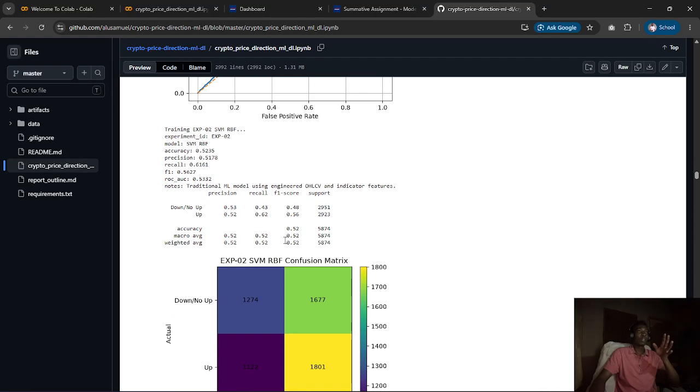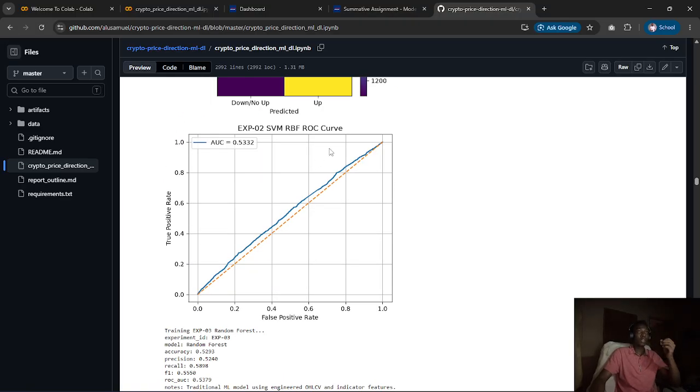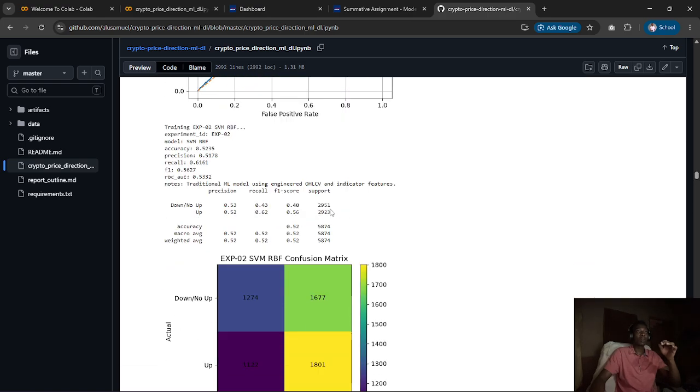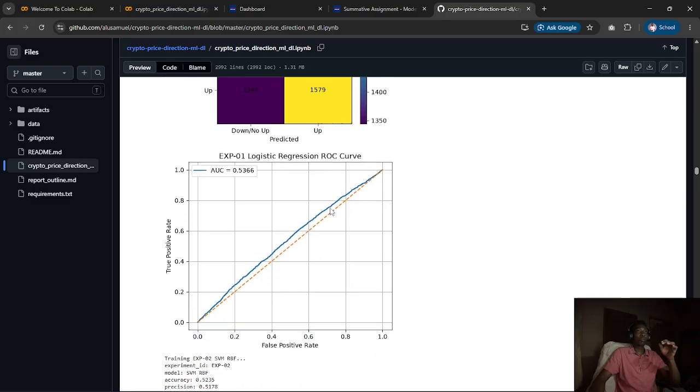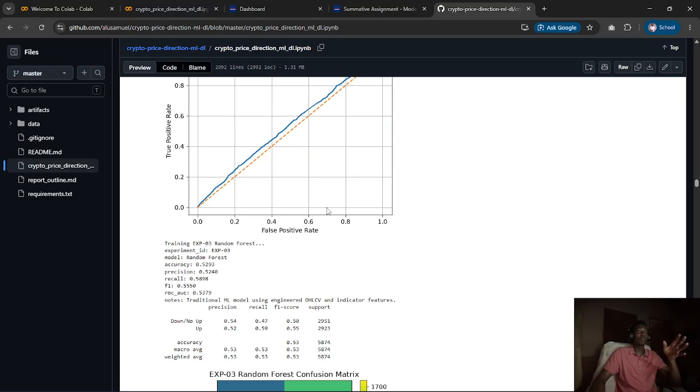And we go to experiment 2, which will give us SVM with RBF, of course, to show the confusion matrix and also show the ROC curve. You can see that the operations are really working accurately and the data are different.